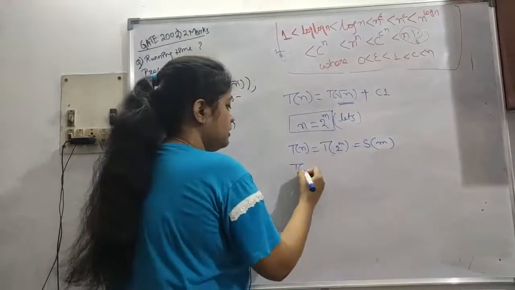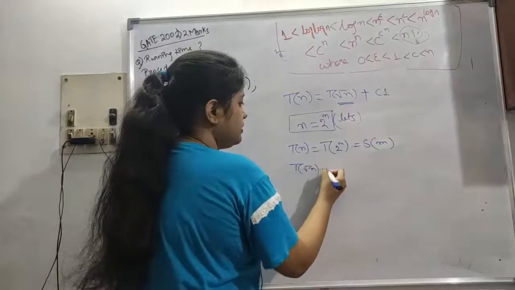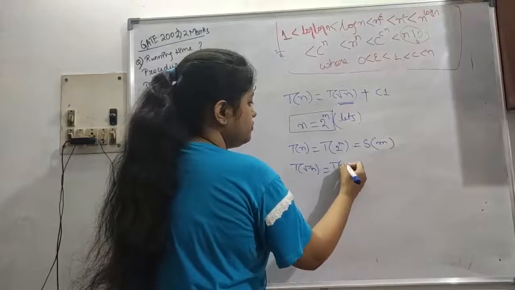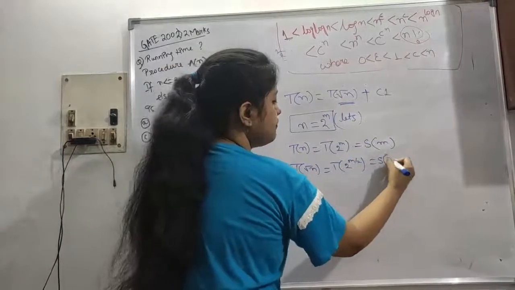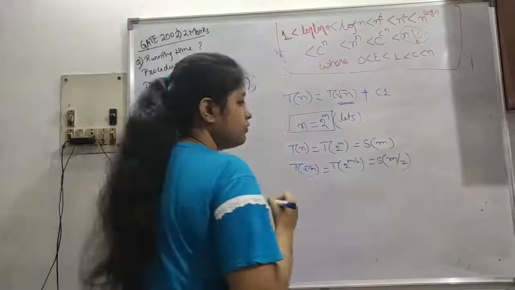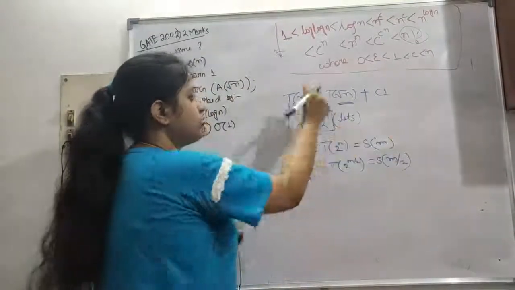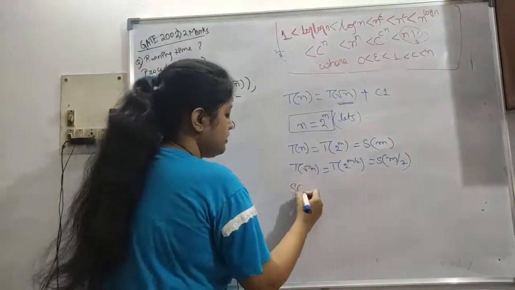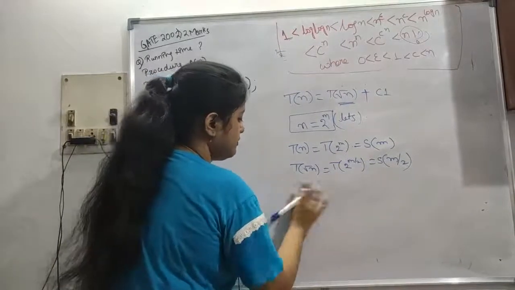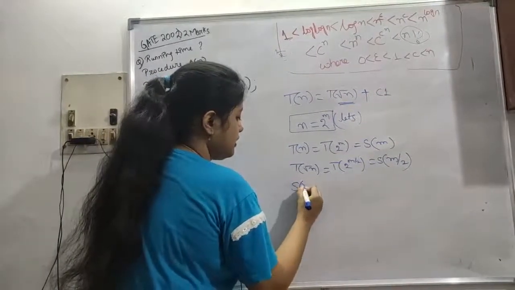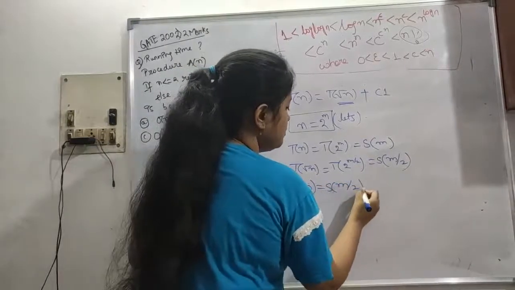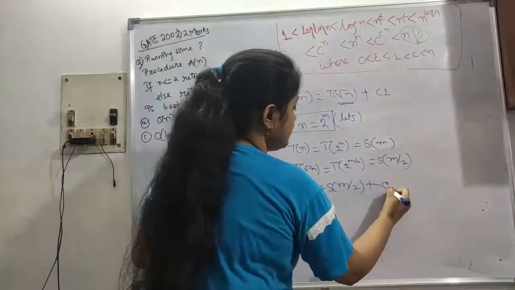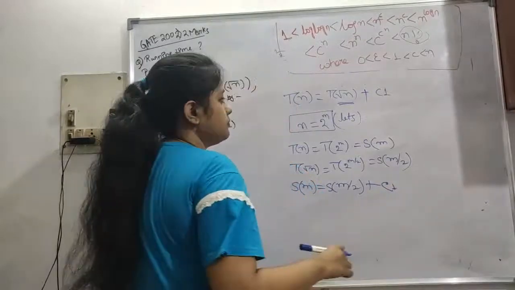So now T of root n is equal to T of 2 to the power m by 2, which is S of m by 2. Now just put it here. So now S of m is equal to S of m by 2 plus some constant c1 or something.